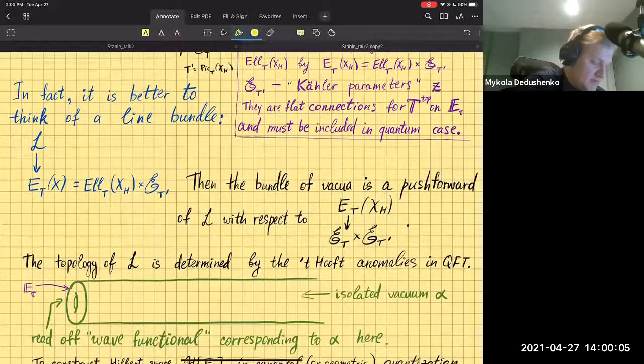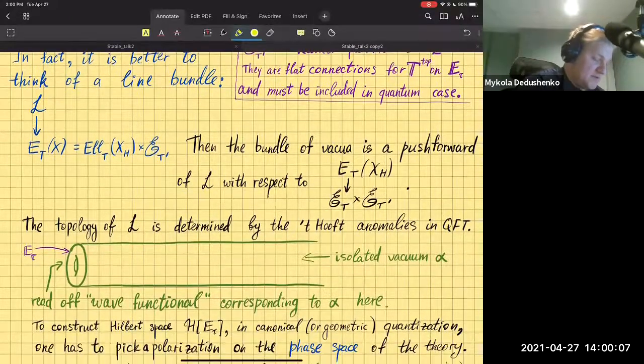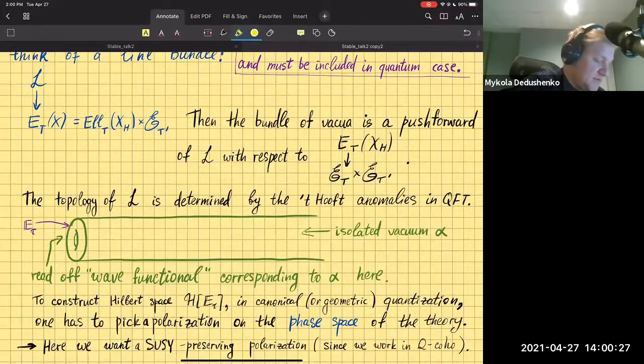So how do we think about it? Imagine that there's a half cylinder, which is our elliptic curve times a half line. At infinity, we fix the isolated vacuum number alpha. And then we would like to read off the wave functional of the vacuum here at the boundary.